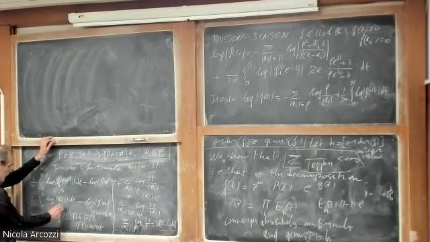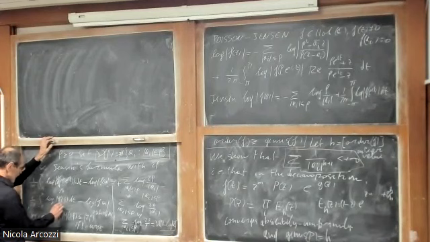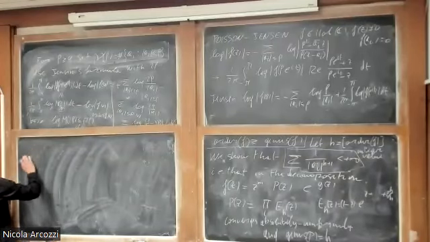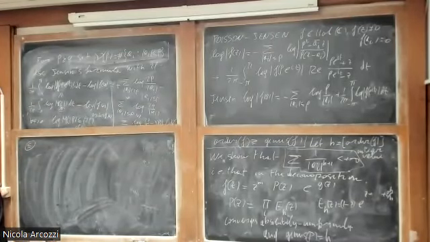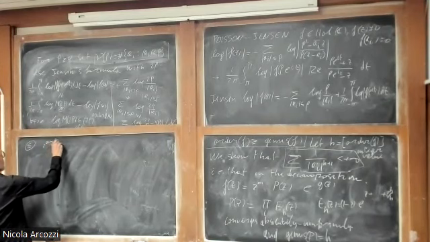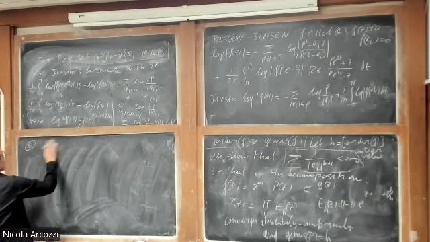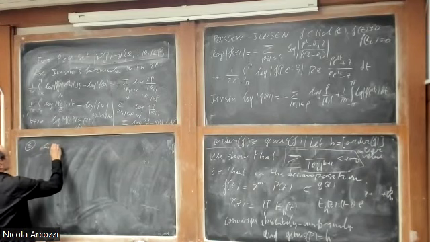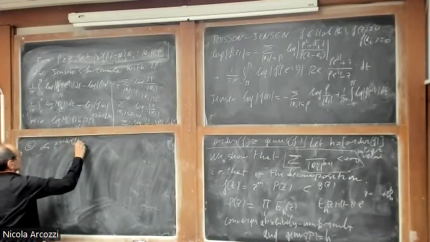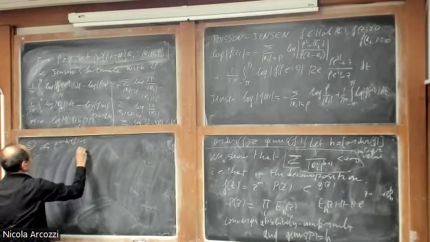So this is less or equal than, okay, so the last term here is less or equal than some constant times rho to the order plus epsilon minus beta.